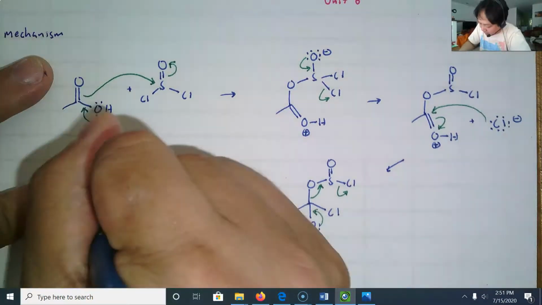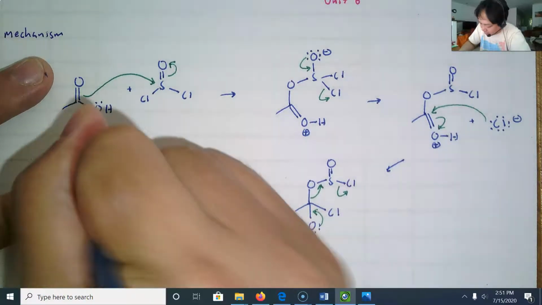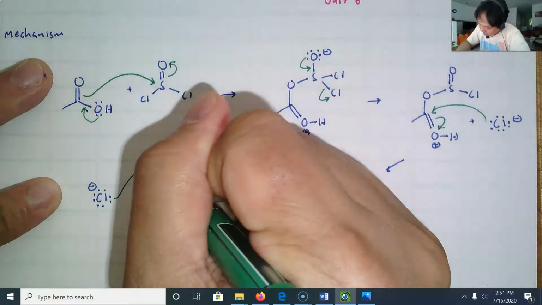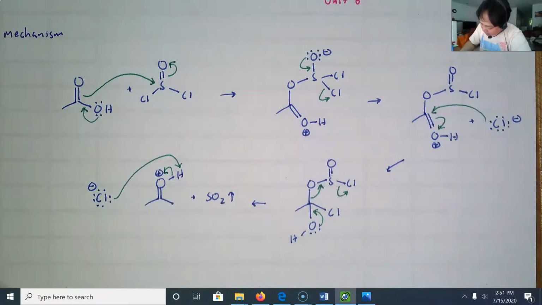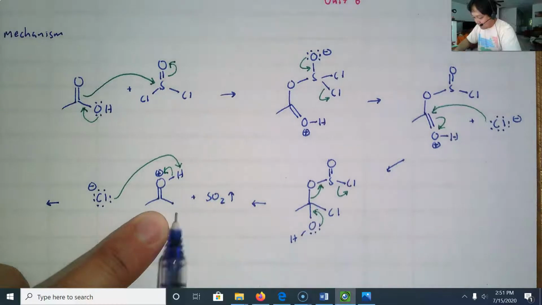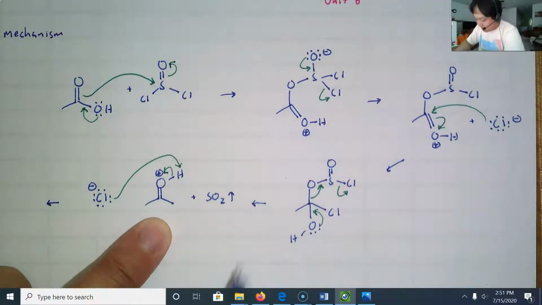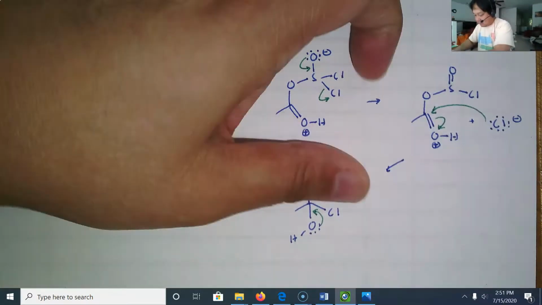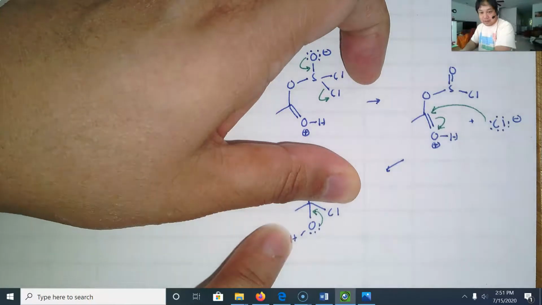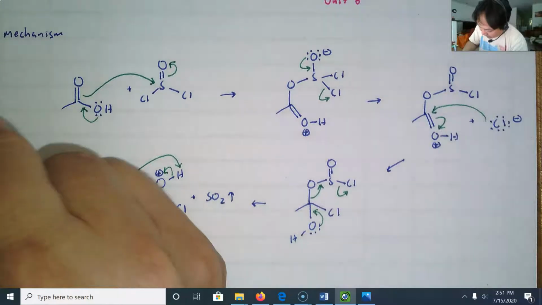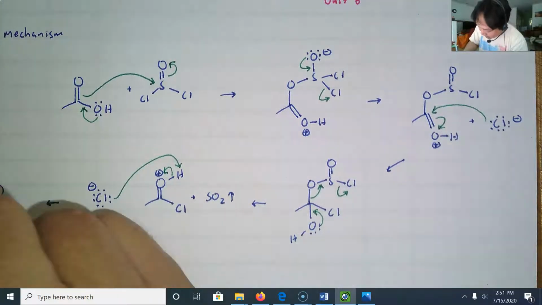And yes, we do have chloride. Oh, did I forget something? It's not a methyl, that's a chlorine. And then all of this leaves. Deprotonate to get it to be neutral, and you have your final acid chloride plus HCl.